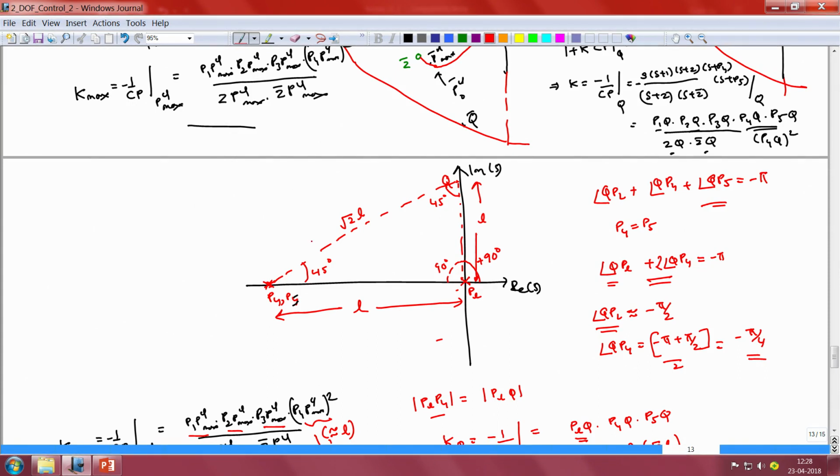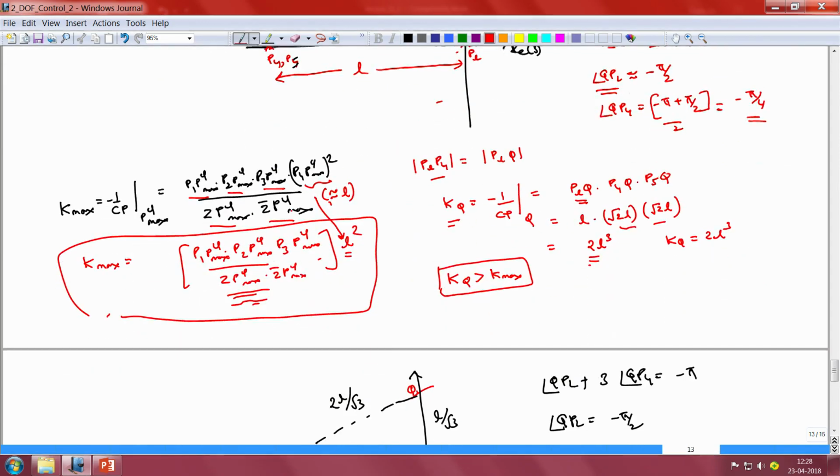Hence, can we allow the number of poles near the origin to be anything other than 1? Can it be 2, can it be 3, or can it be 0? This is the question that we shall try to answer in this last segment.